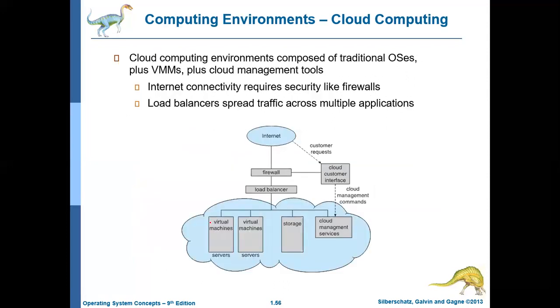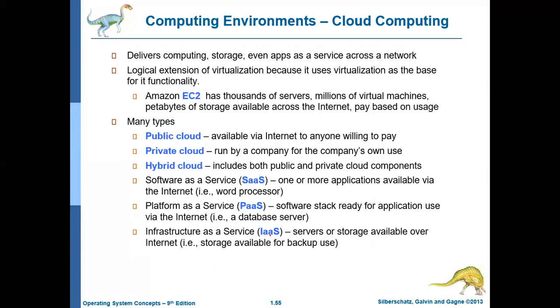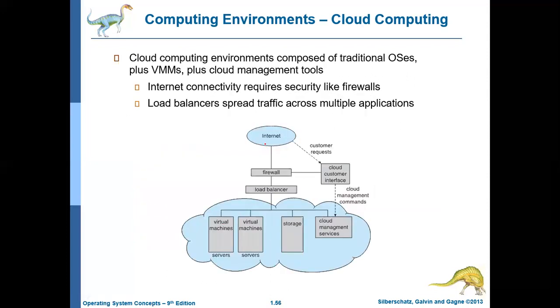So this picture represents how cloud computing works with IaaS, infrastructure as a service. Here you can see this is a cloud environment. There is a cloud management service. It maintains different devices. It has many virtual machines, a lot of storage, some load balancing mechanism, and a firewall, and this is the customer interface part, which is also connected with the firewall.